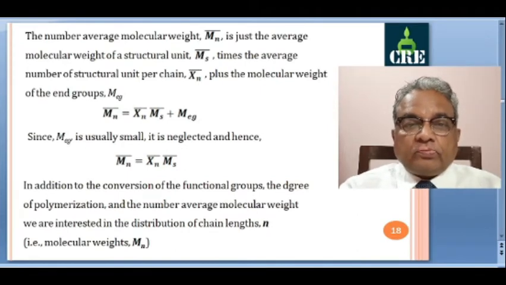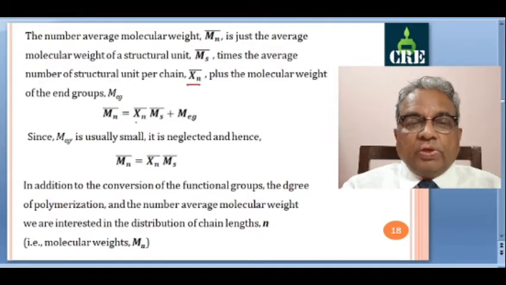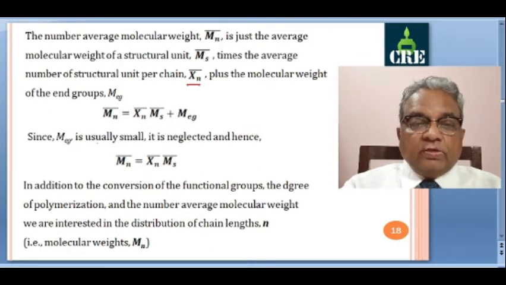Then we define the number average molecular weight, denoted as Mn bar, as nothing but the average molecular weight of the structural unit, that is Ms bar, times the average number of structural units per chain Xn bar, plus the molecular weight of end groups M subscript Eg. So Mn bar is Xn bar into Ms bar plus Meg, and this value is usually very small as compared to this product, so it is neglected, and we can approximate Mn bar as equal to Xn bar into Ms bar.